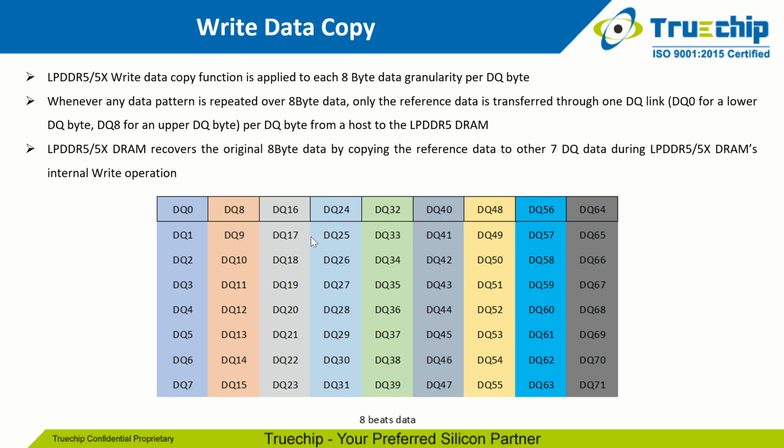In the below diagram, 8 bits of data are the same. So here we can talk about the first column in which DQ7 to DQ0 are the same, so only the data will be transmitted on DQ0 and the same will be followed for each column.